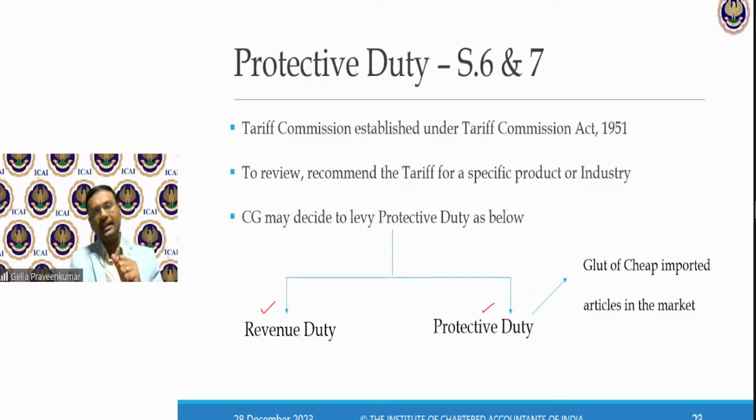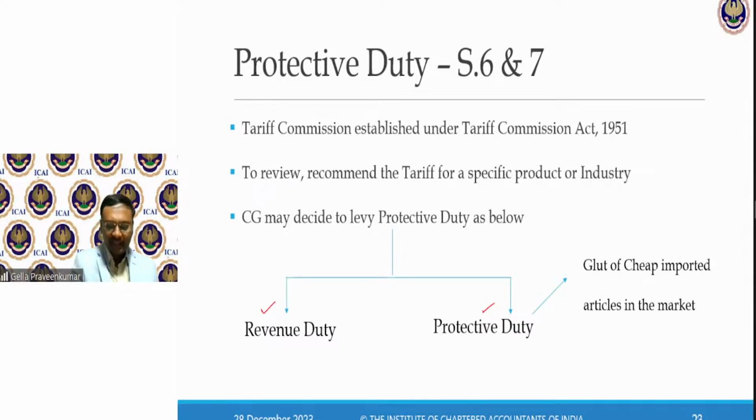So to protect that particular activity, they may levy something called protective duty. Section 7, these are the provisions where recommendations are made by a tariff commission, to increase my revenue, I may levy a duty called revenue duty. To protect a particular industry, I may levy something called protective duty.